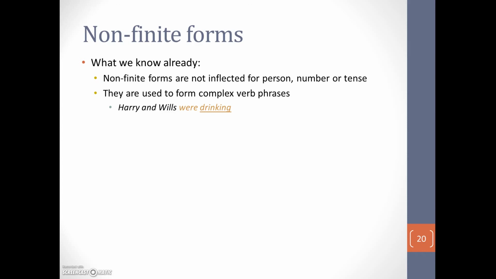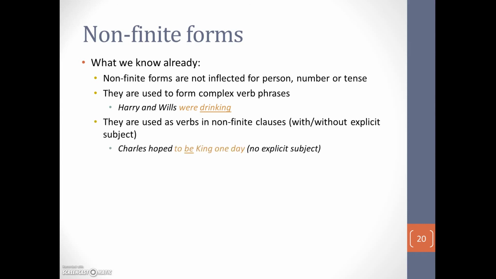So they're used to form complex verb phrases. So if we say "Harry and Wills were drinking," okay, here we have the example of the progressive, with the ing form, and "were," as we know, the finite verb is always the verb to the left. Okay, so the leftmost verb is finite and the other ones are non-finite. And here we have "drinking" as an example.